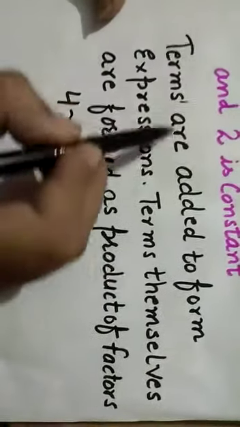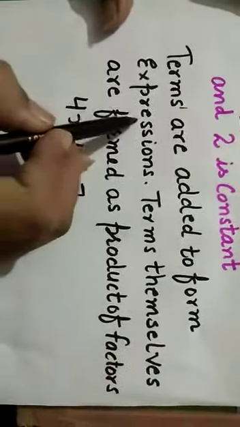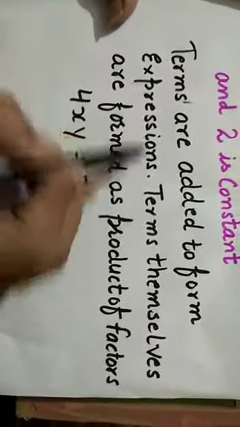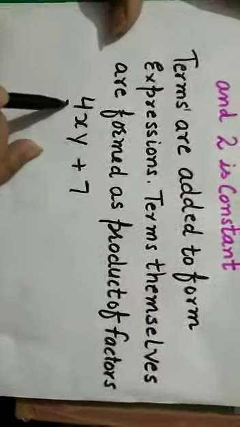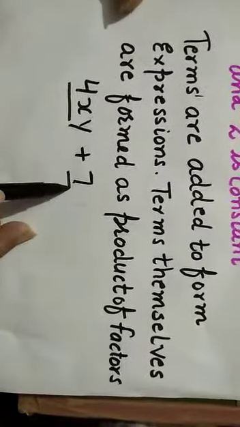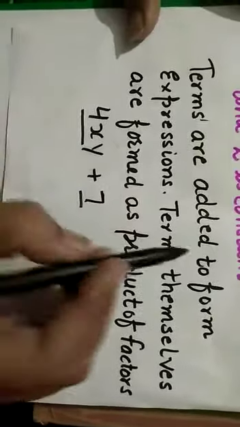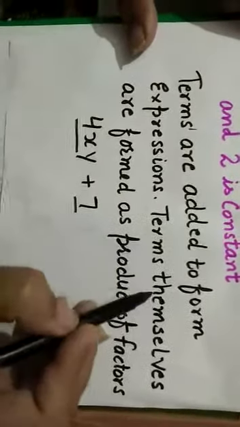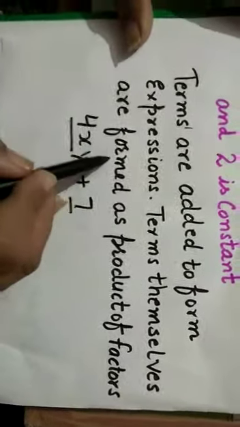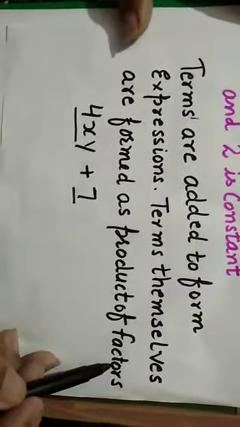Now terms are added to form expressions. For example, 4xy plus 7, there are two terms. Now, terms themselves are formed as product of factors.